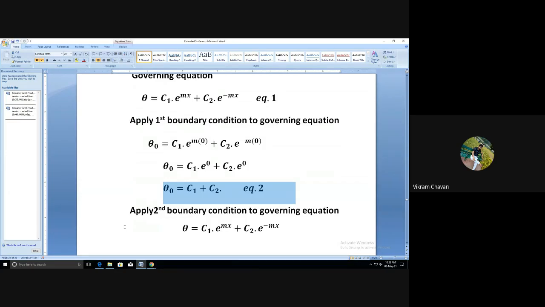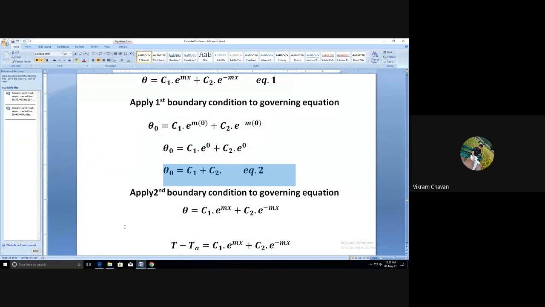We have to determine dT by dx from the governing equation.